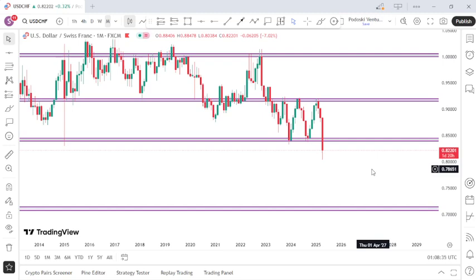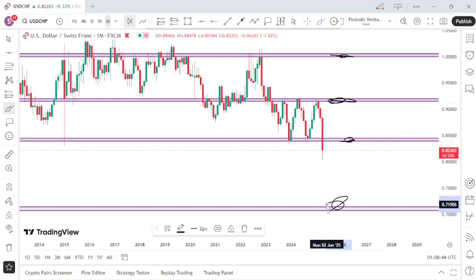On USDCHF, I have the monthly upper zone here, monthly midway zone, another midway zone, and the monthly lower zone.